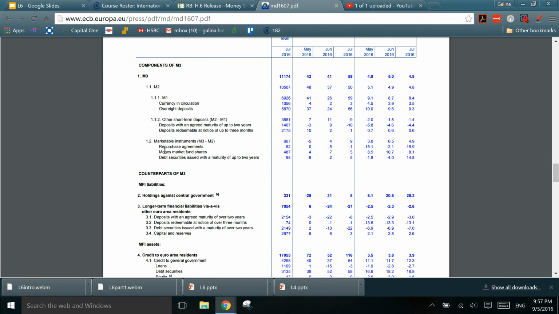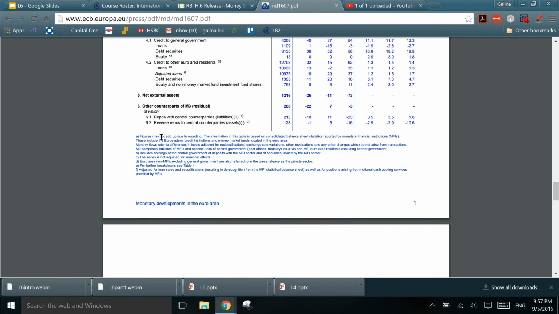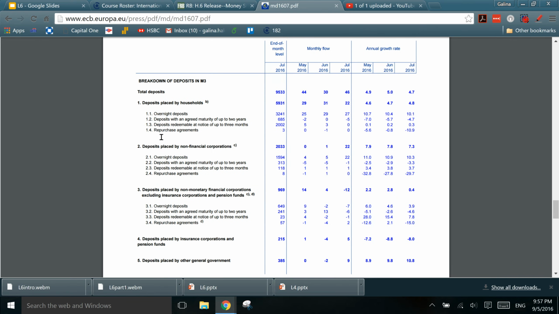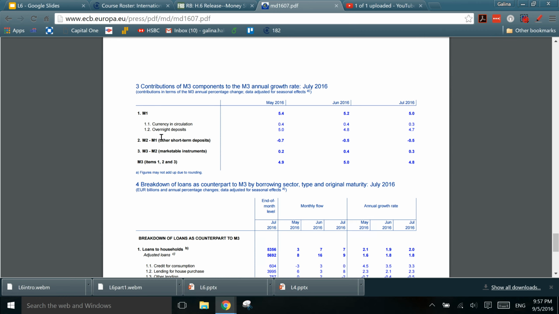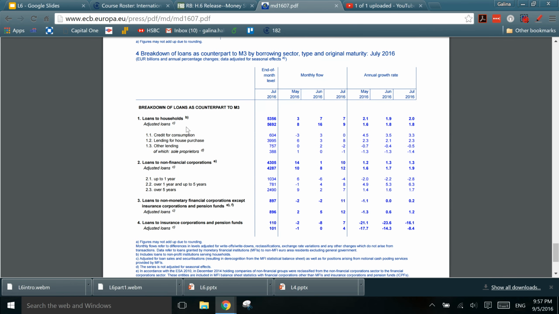And the marketable instruments, which is M3 minus M2, the parts that the US is no longer measuring, is repos, money market mutual funds, and debt securities, so the bonds that are issued with maturity of up to 2 years. And there is a breakdown of who this money is given to. So you can study that at your leisure if you're interested in more details. Here you can see how it breaks down as loans. Loans to households and loans to non-financial corporations are roughly the same size.